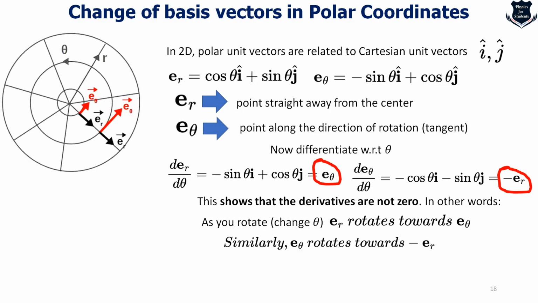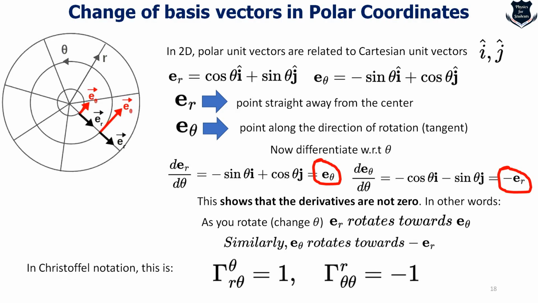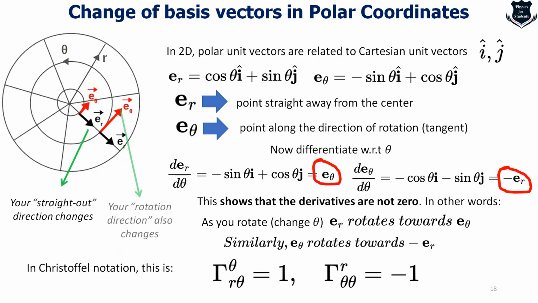By differentiating, when we are not getting a 0 value, that means the basis vectors are changing. So in Christoffel notation we can say gamma theta r theta equals 1, and gamma r theta theta equals minus 1. Here you can see that E_r, your straight out direction, changes, and E theta, your rotation direction, also changes.